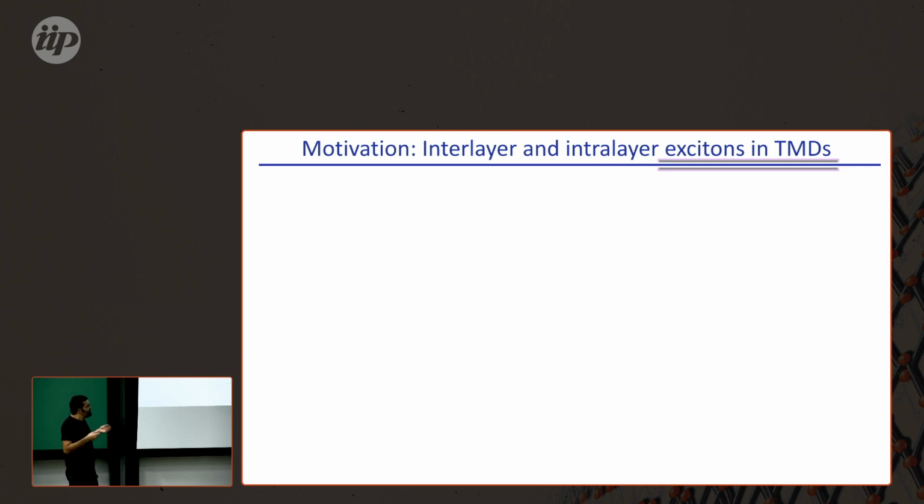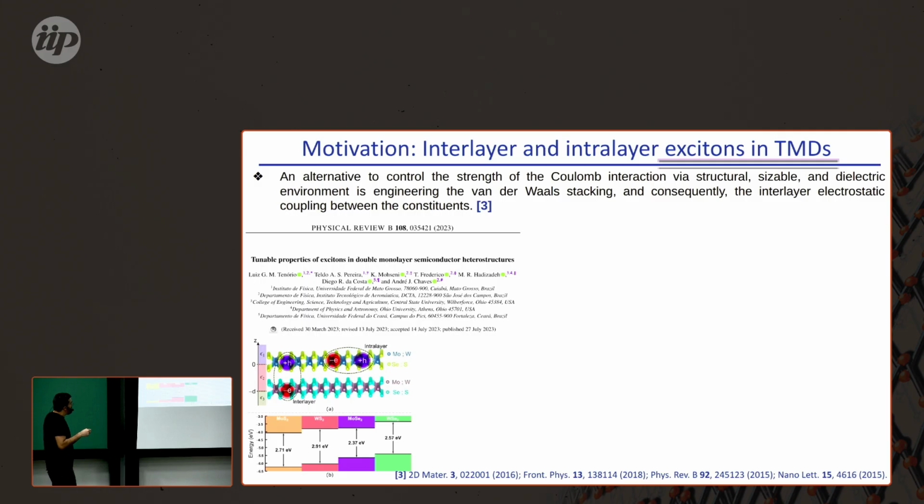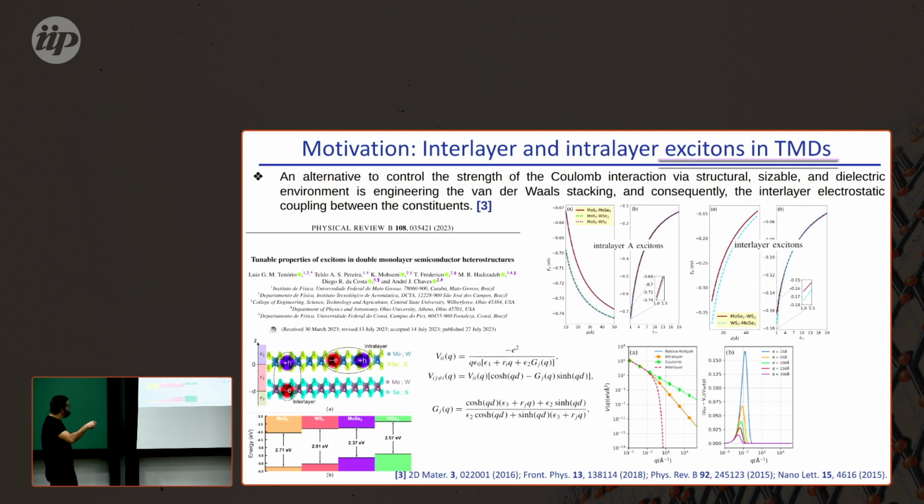You can also tune those excitonic properties by stacking different layers. For instance, in this paper from 2023, we investigated theoretically 2 TMD layers separated by a dielectric environment, and we showed how those exciton properties, like binding energy and exciton energy, change as a function of the distance between the 2 layers and also the dielectric constant of this dielectric slab.